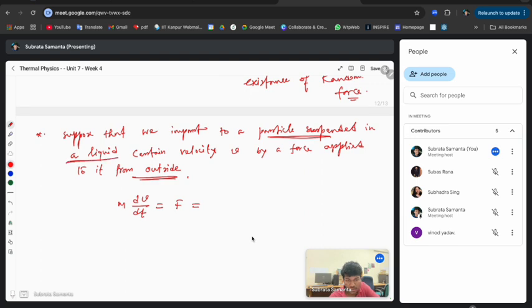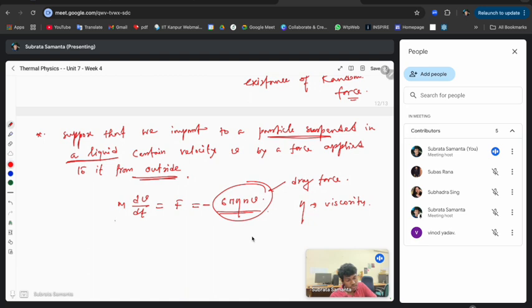That is exactly equal to minus 6 pi eta r v. So this is your drag force, or the viscous force. Here eta is the viscosity, v is the velocity, and r is the radius of the particle.